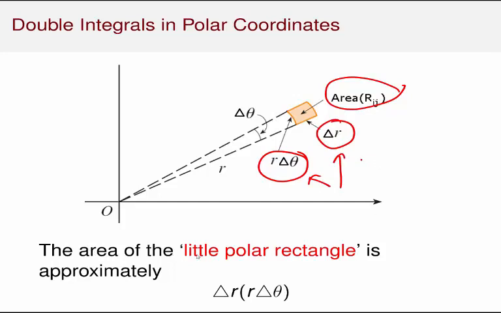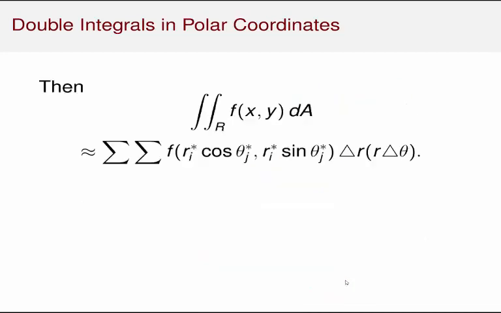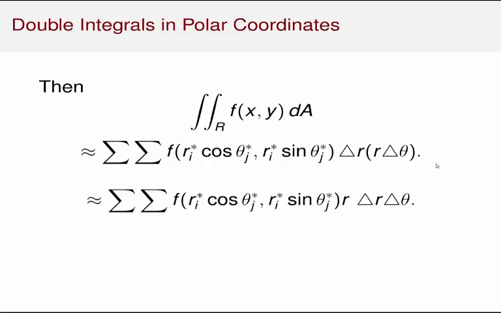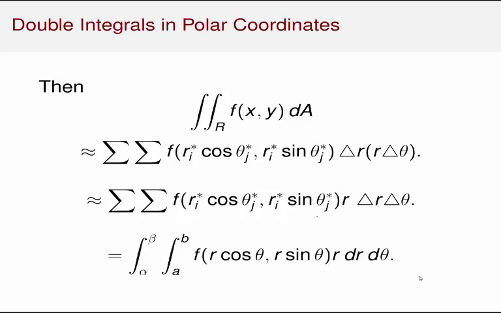So the area of Rij is approximately r delta r times delta theta. And this is the number which we are going to substitute back into the double Riemann sum that we had previously. So basically this is the term that replaces the area of Rij. And after rearranging, we have the following expression, which in the limit converges to the following iterated integrals with respect to r and theta.